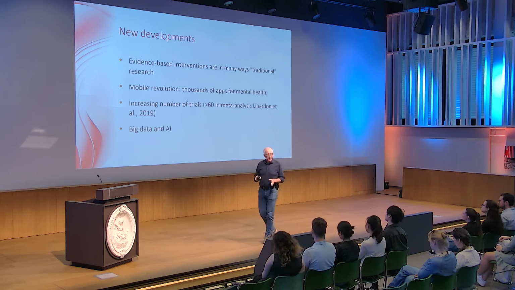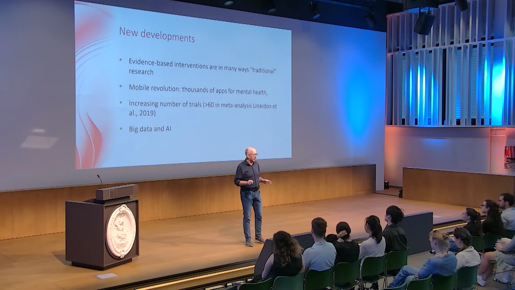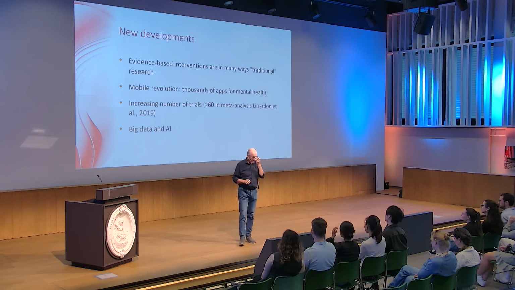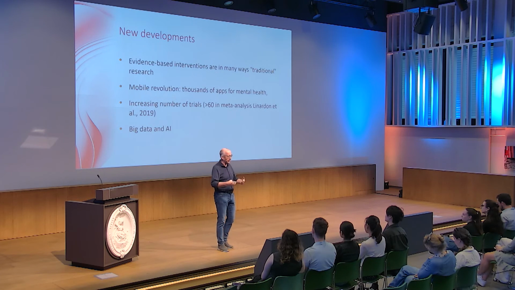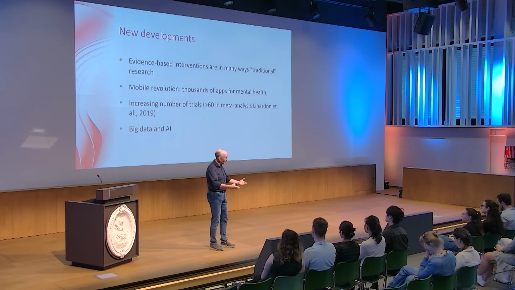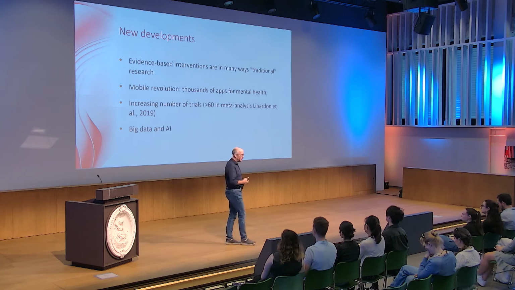But our digital interventions are not like that. They just assume that you have to learn about cognitive restructuring, that you have to do behavioral activation to make a difference. And how do we adapt these interventions to the smartphone? We don't know.